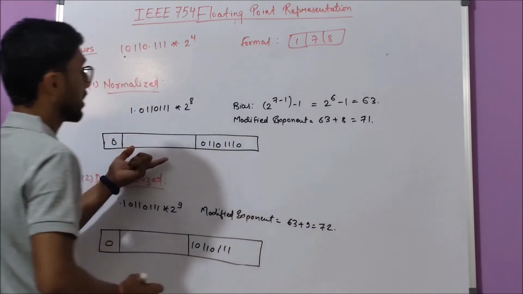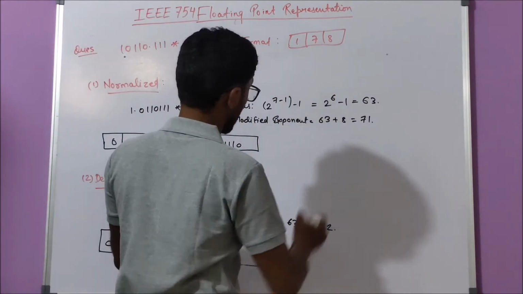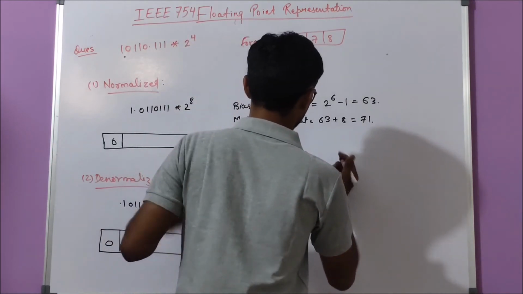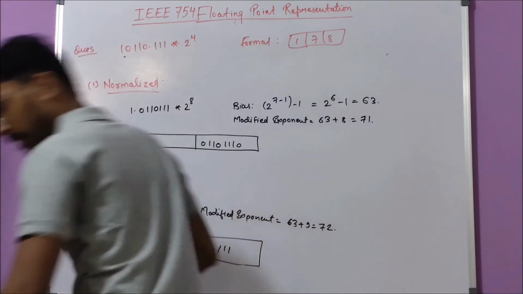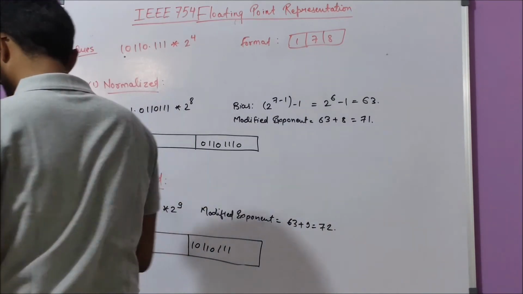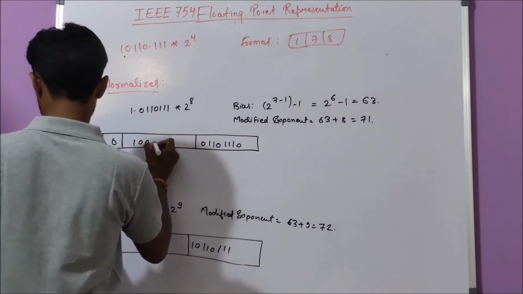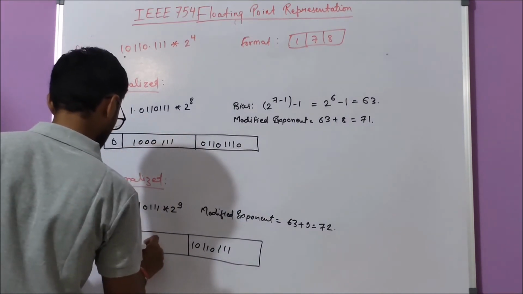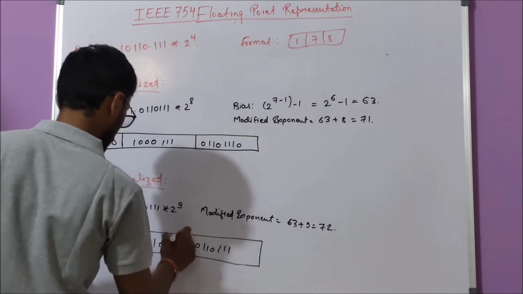Now it will be in 7 bit, so converting 71, let me directly write it so that we don't waste time. It is equal to 100 0 1 and this is 100 1 0.